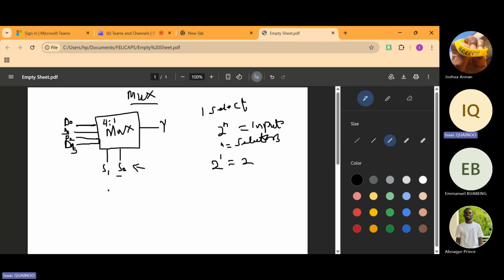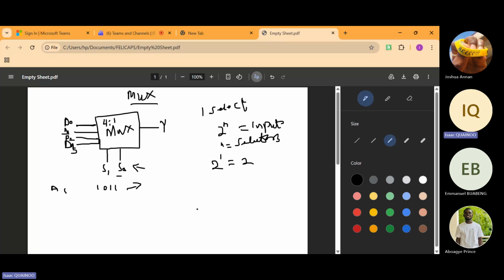Sometimes you can be given the inputs. For example, a multiplexer has inputs 1, 0, 1, 1. How many select lines will that multiplexer have?